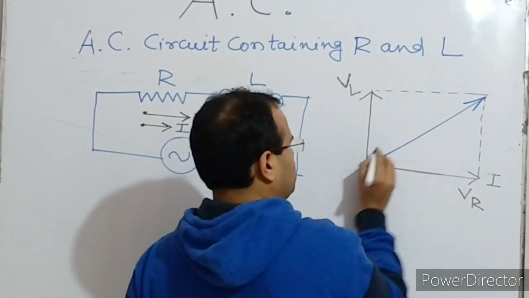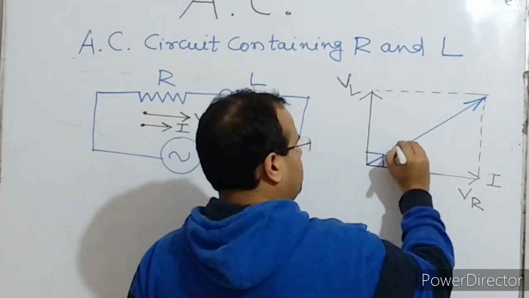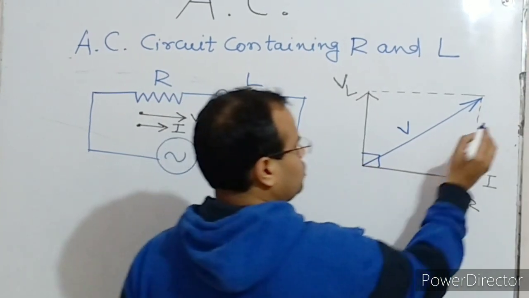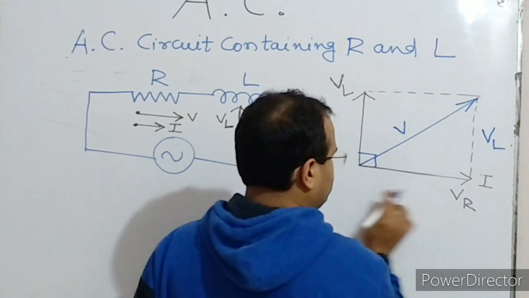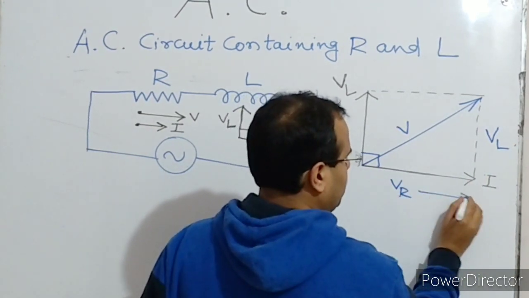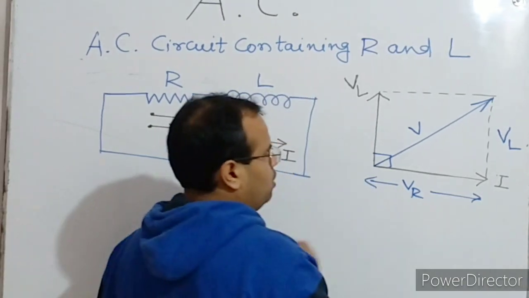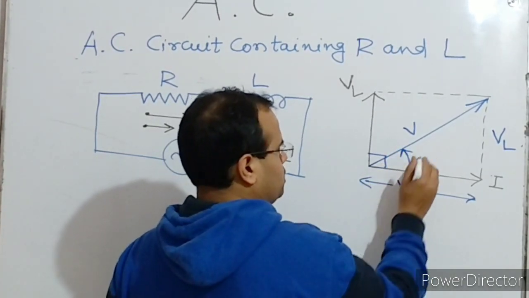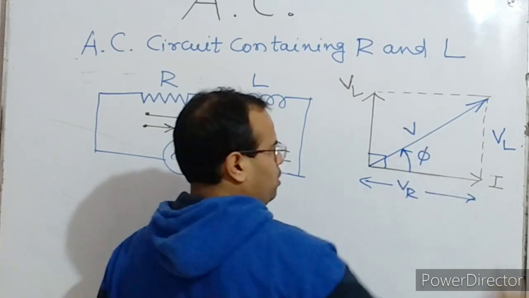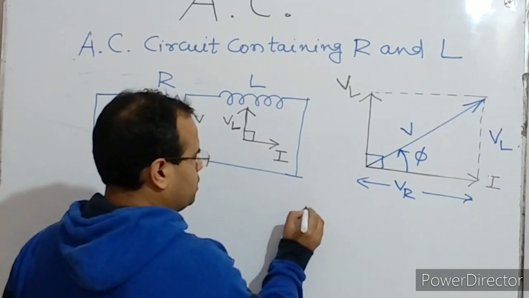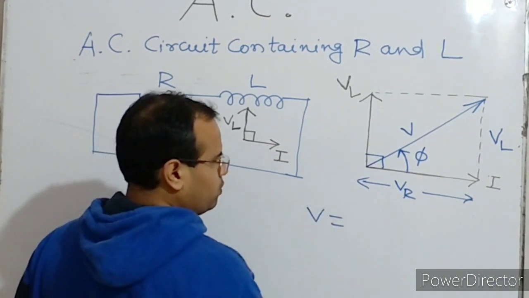This is the angle pi by 2 and this resultant is say V. So this is VL, and this is VR. This angle is say phi.